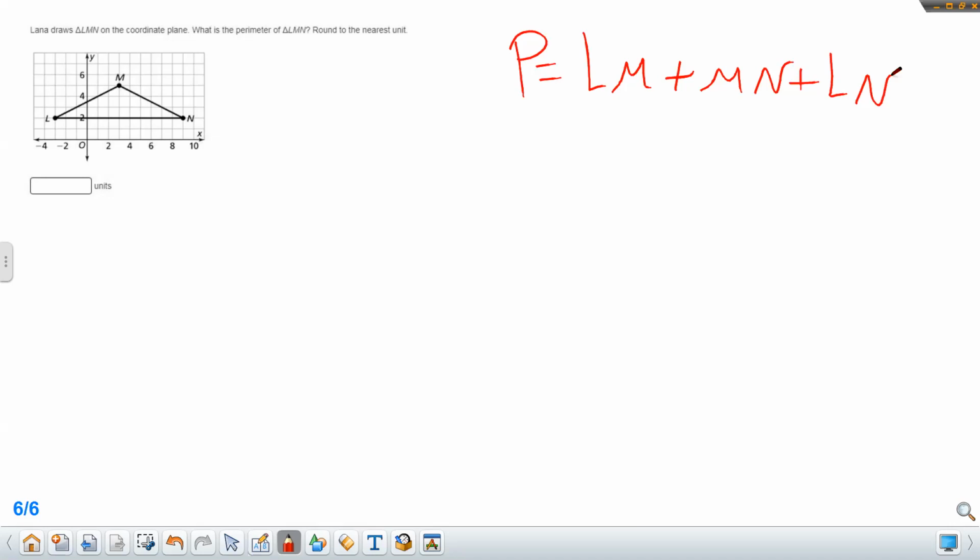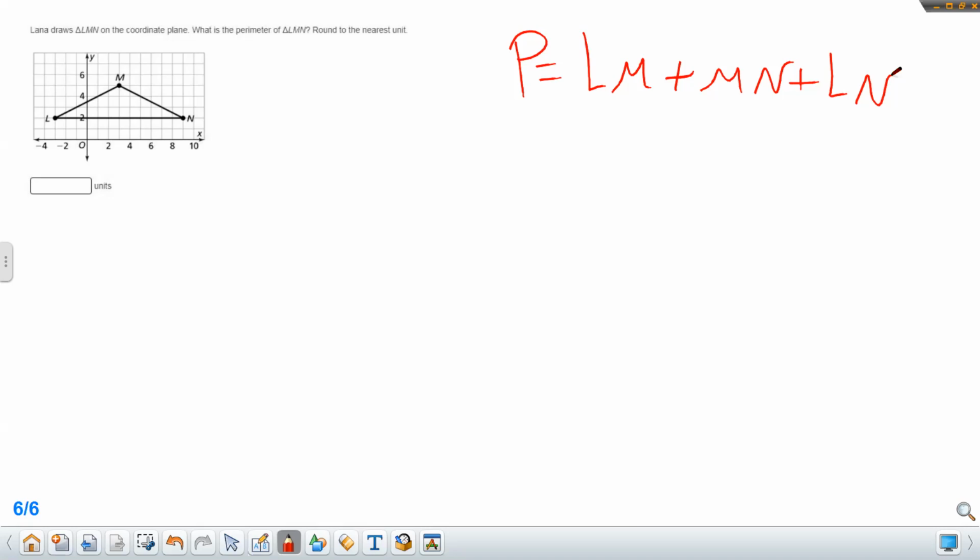Inclined, yes, like LM and MN. It's so easy for you to find horizontal or vertical distances by counting squares. So I can find LN by counting. Count with me from L to N or from N to L. You can find LN in two ways.